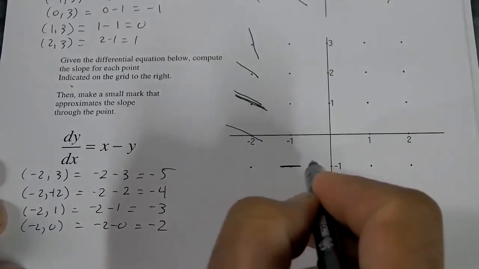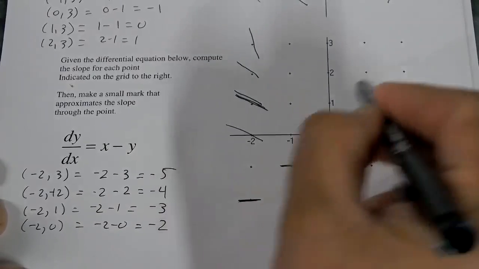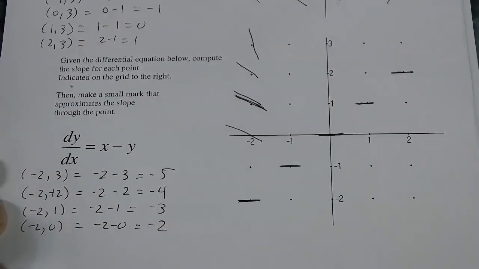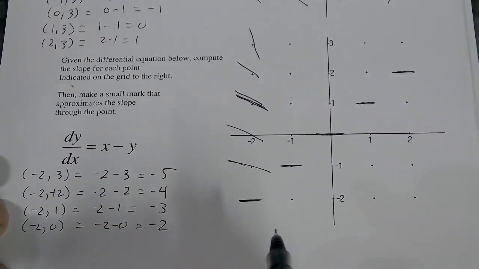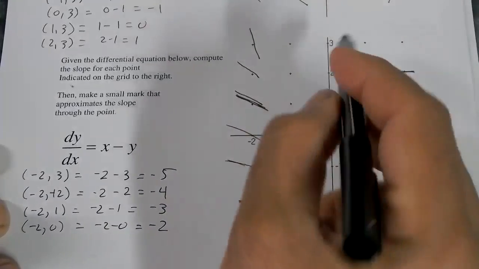-1, -1, I'm going to end up with a 0. 0, 0, I'm going to end up with a 0. 1, 1, a 0. 2, 2, I'm ending with a 0. And this is going this way. Same thing right here.